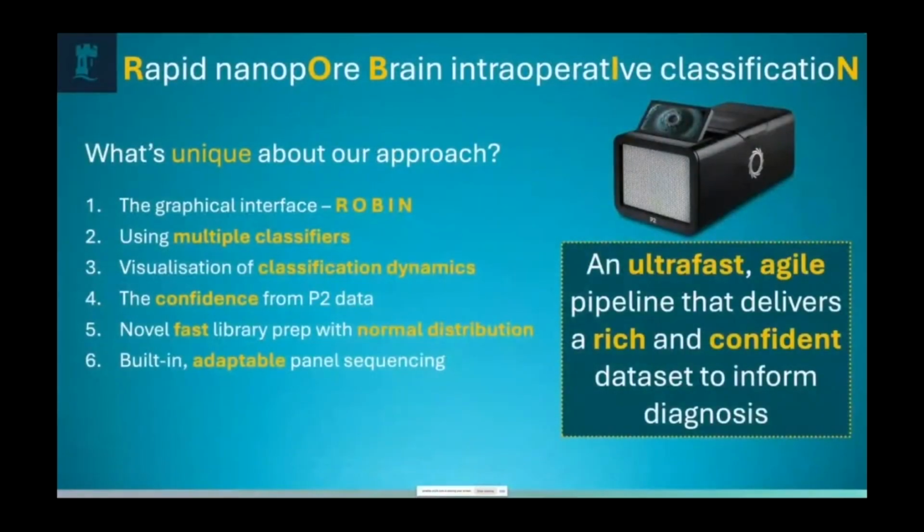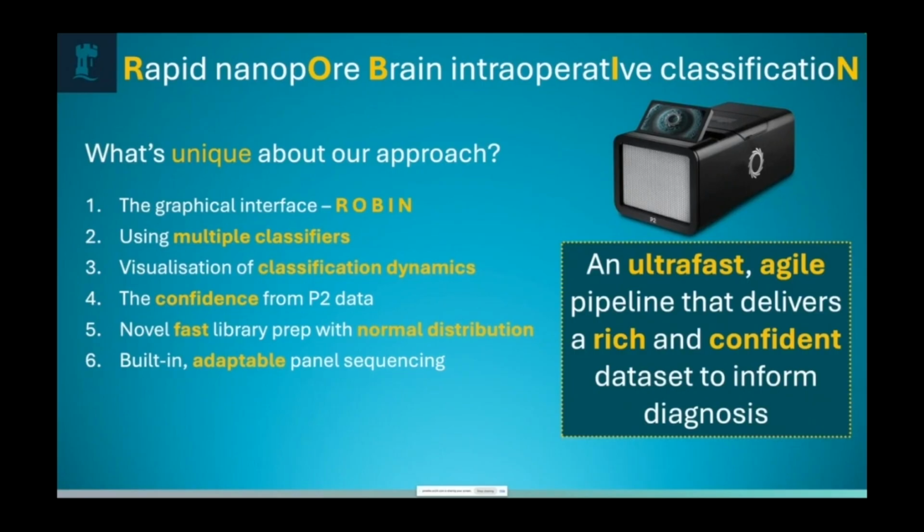So what's unique about our approach? Well, firstly, I should be clear, it builds on so much work from so many other groups. And we are so grateful to them for sharing everything that they have done. It implements that real-time nature of nanopore sequencing. It enables us, using our graphical interface, to see what's happening in real time.